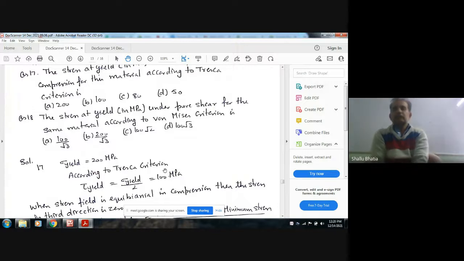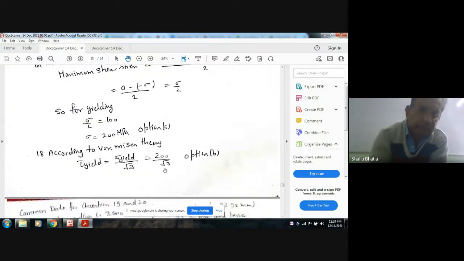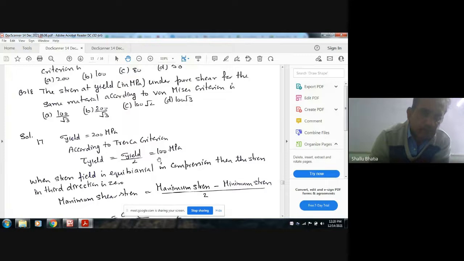This was according to the Tresca theory. Now we have to calculate according to the von Mises theory. According to von Mises theory, tau yield is equal to sigma yield by root 3. So it is 200 by root 3, under pure shear for the same material.